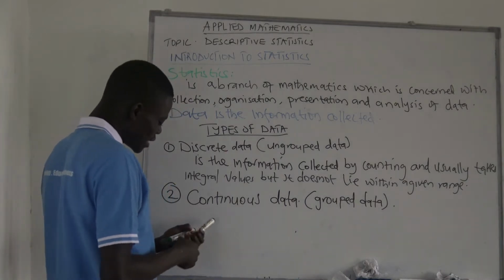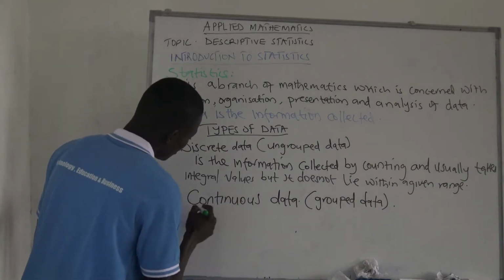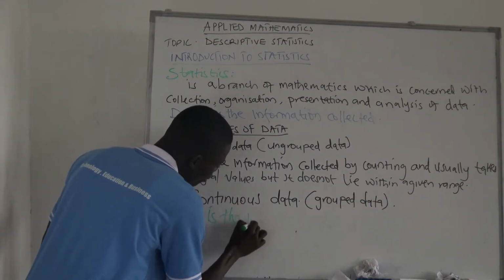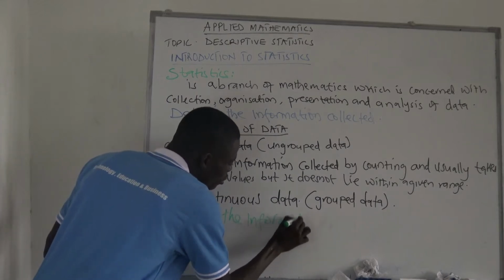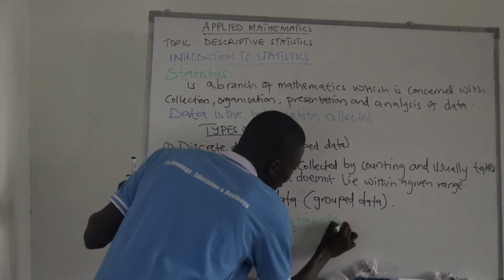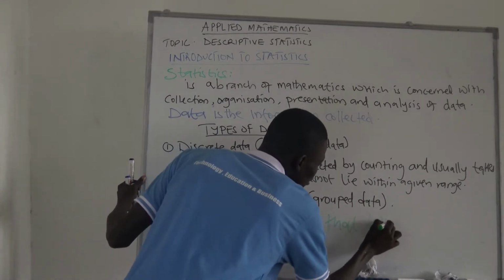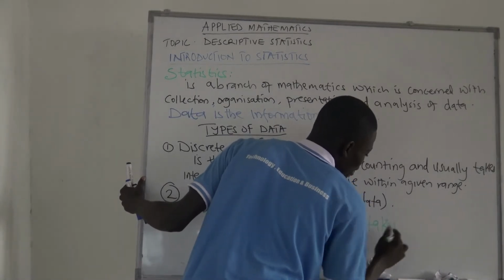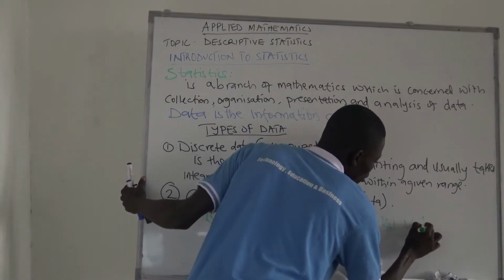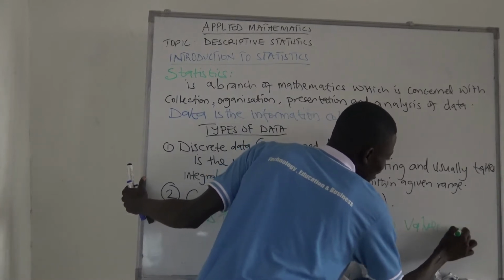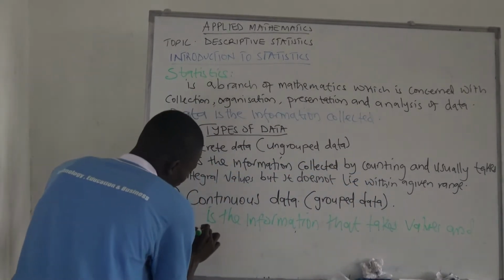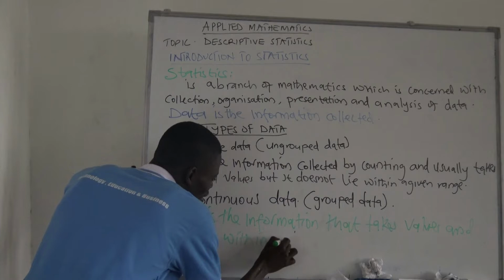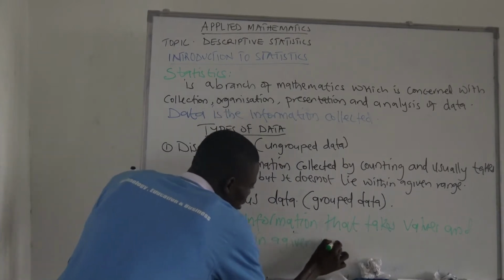From the definition, grouped data is the information that takes values or interval values and lies within a given range.